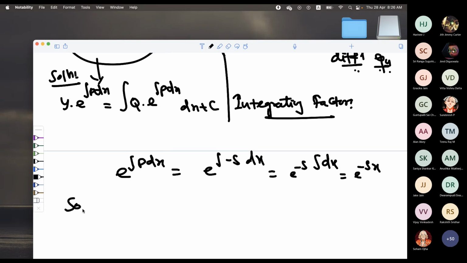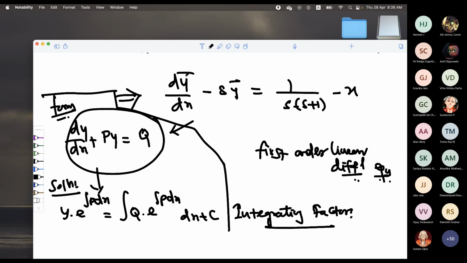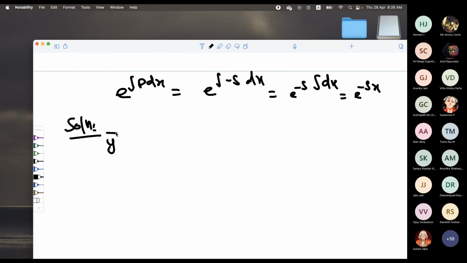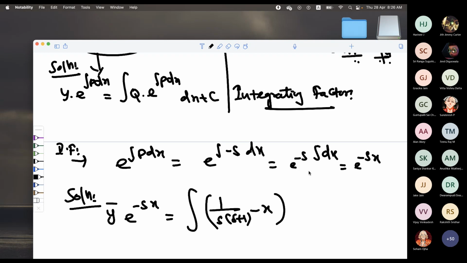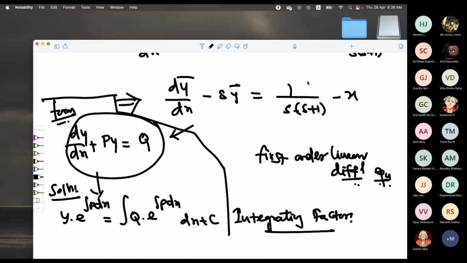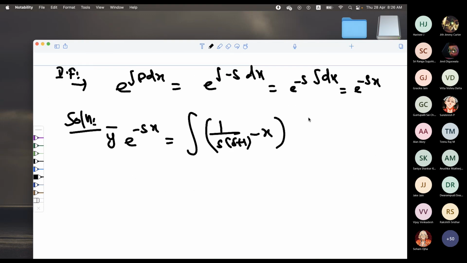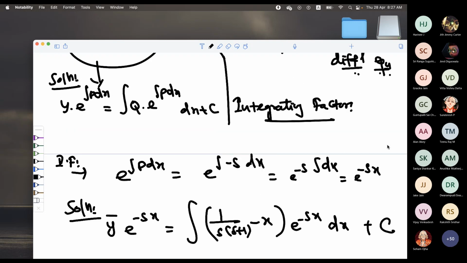So the solution will be of the form, here it is y, but for us it is y bar: y bar into e raised to the power minus sx, this integrating factor, equals q, which is the entire right hand side term 1 divided by s into s plus 1 minus x, into e raised to the power minus sx dx, plus the integral constant c.